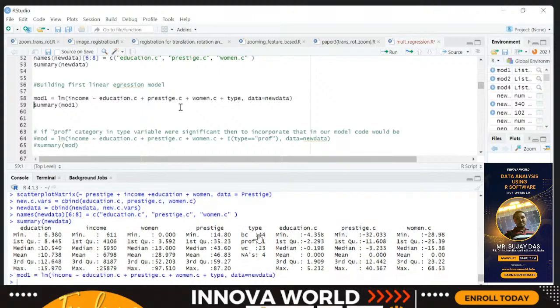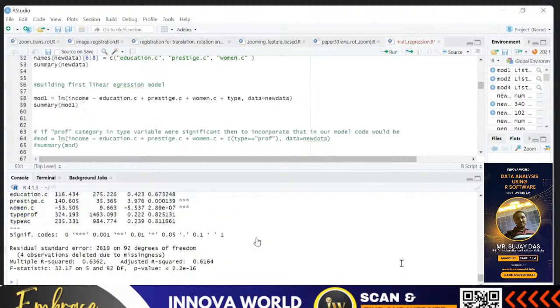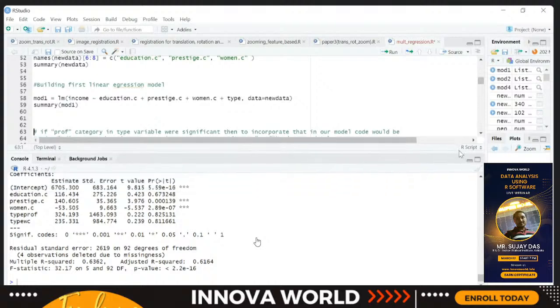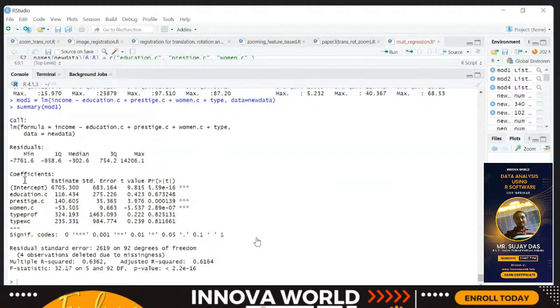Okay, now we cannot see anything. So what has happened and what is the result of this linear regression model? To know that, we need to write summary of mod1. Let's see the summary of mod1. So your linear regression model looks like this.